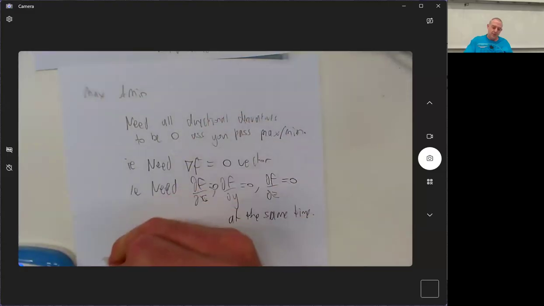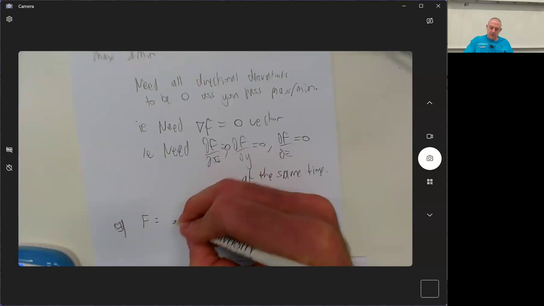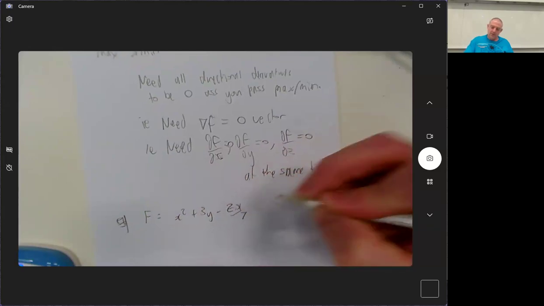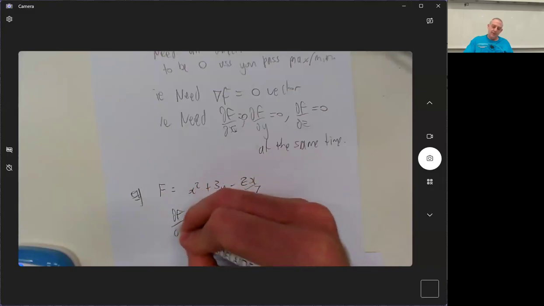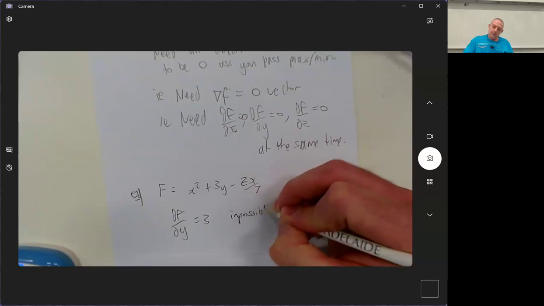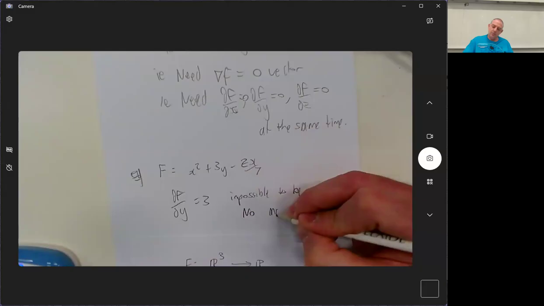For example, f was x squared plus 3y minus zx on 7. df/dy was 3. Impossible to be 0, so there are no maximums and minimums.